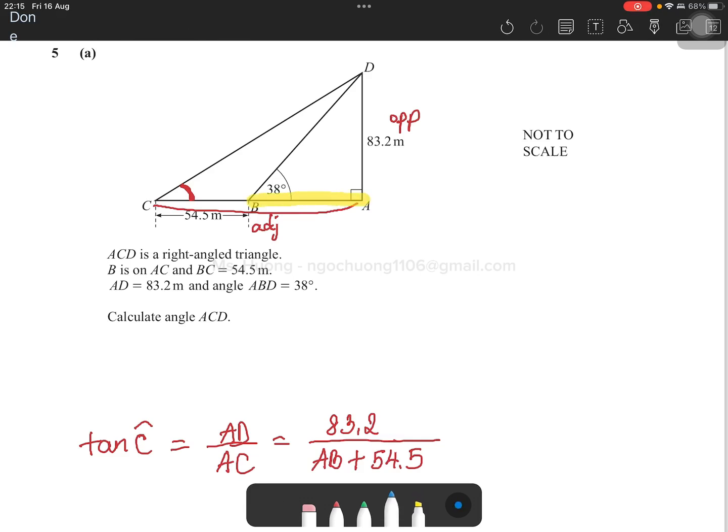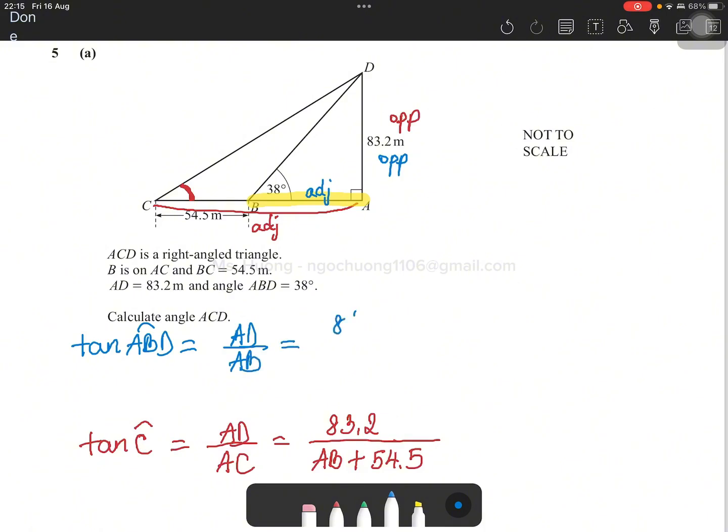In the triangle ABD, AB is adjacent to the angle 38 degrees and 83.2 is still the opposite. So once again, we apply tan of ABD is equal to opposite AD over adjacent AB.